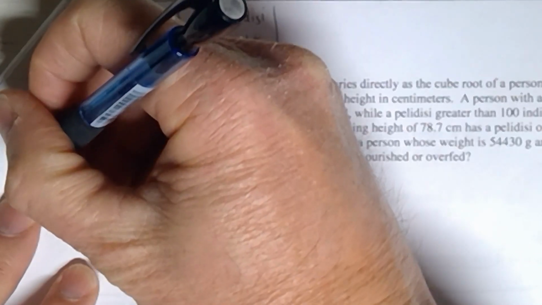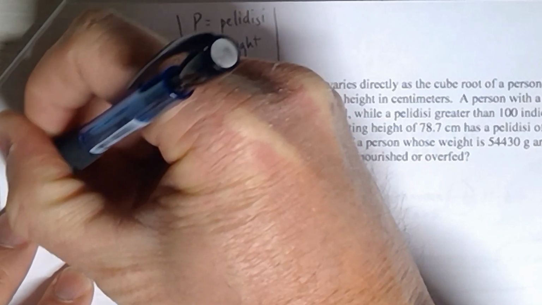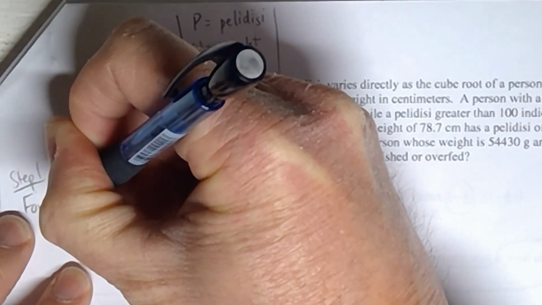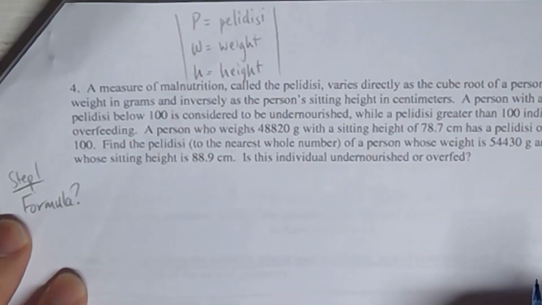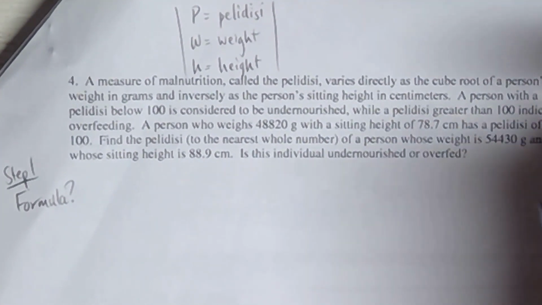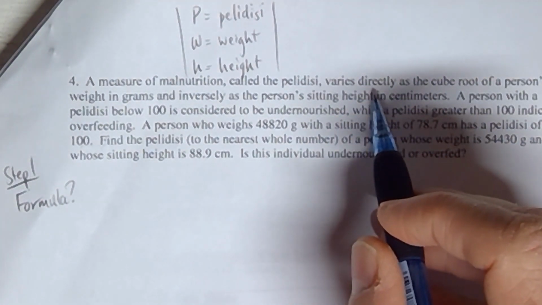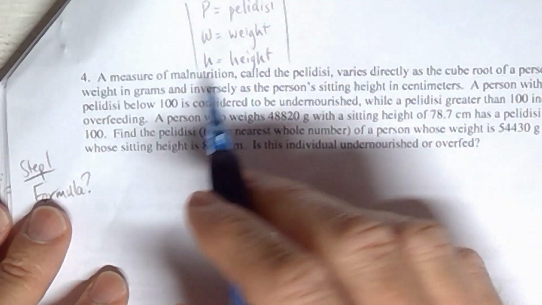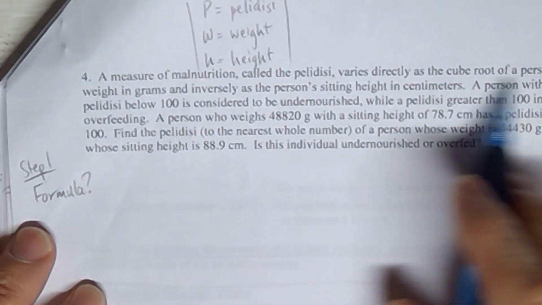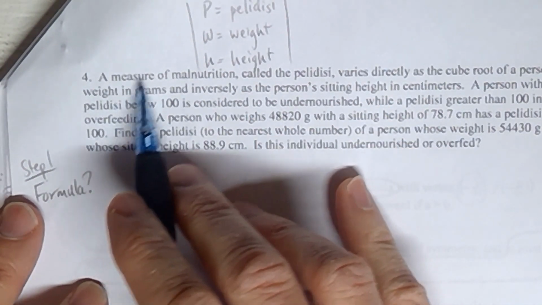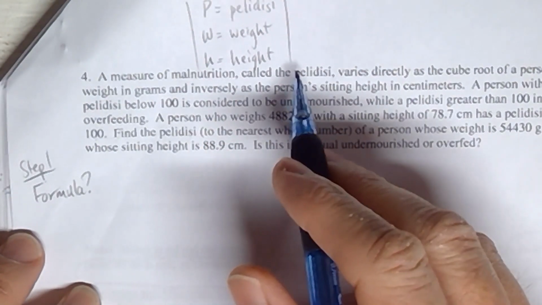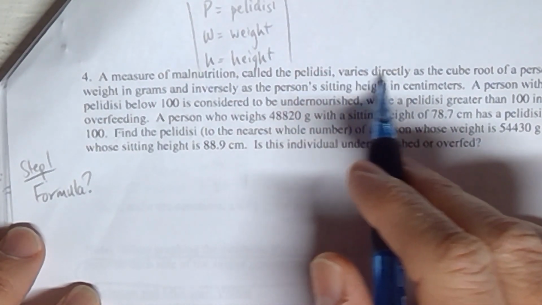As always, step 1 is to establish the formula. How do I know that's the case here? It's because I know this is a variation problem, since they mention varies directly right here. It says varies directly as the cube root of a person's weight, so we want to take the cube root of W. But even before that, remember the pelodicee is what varies directly.